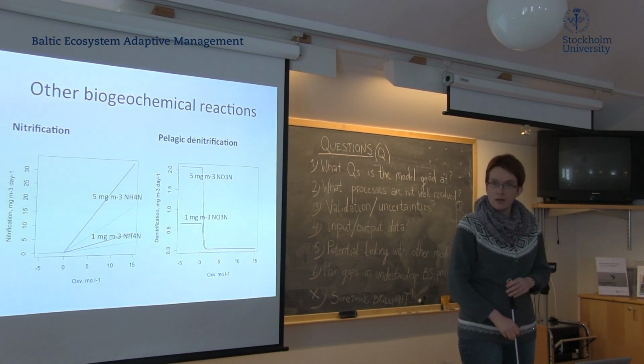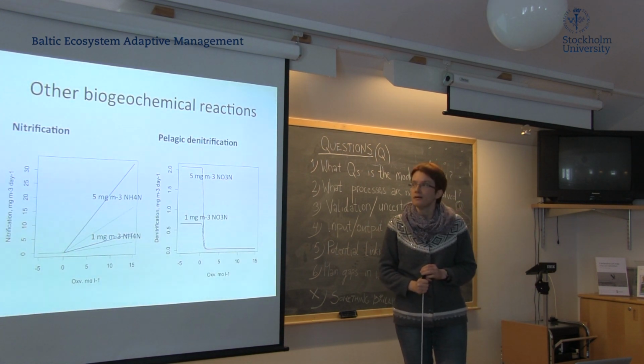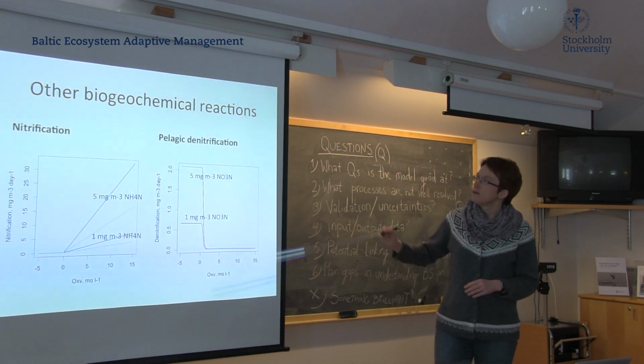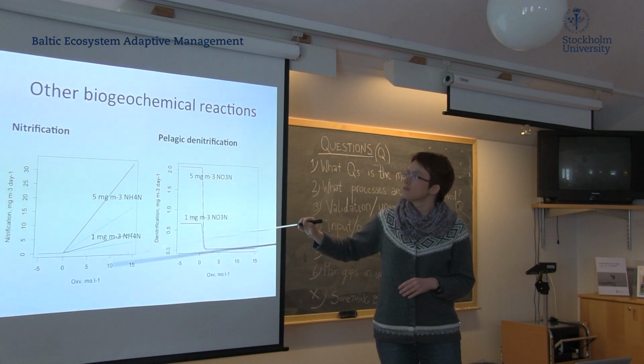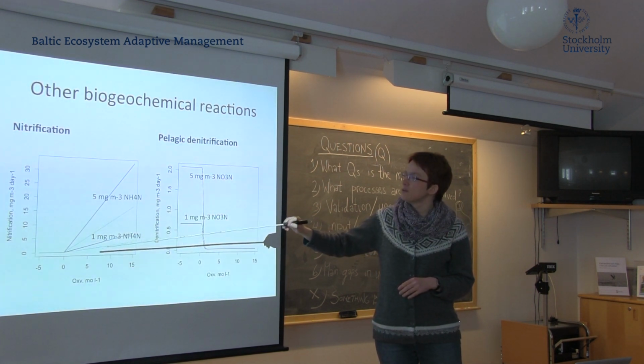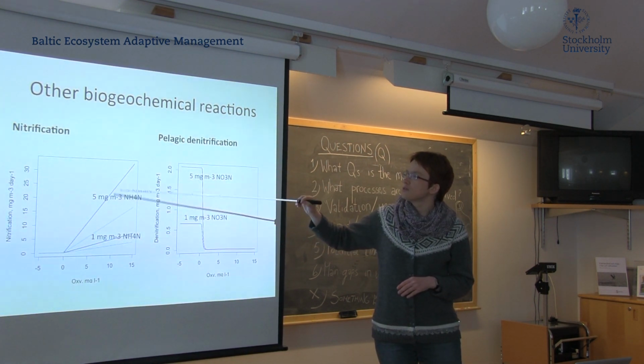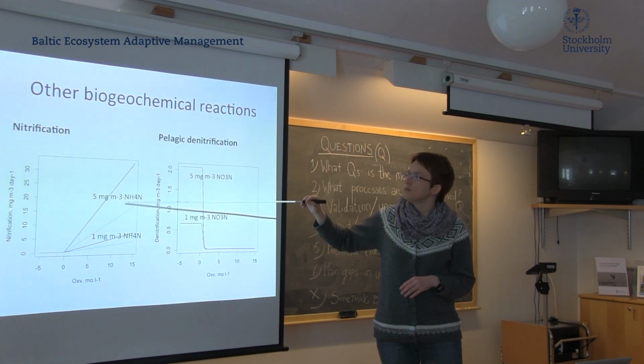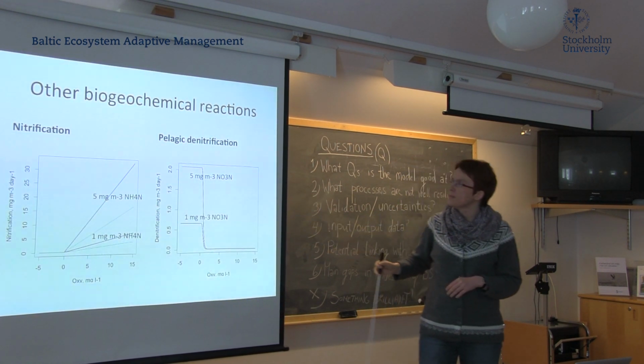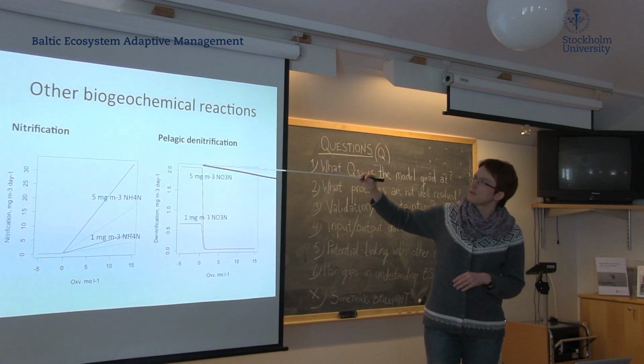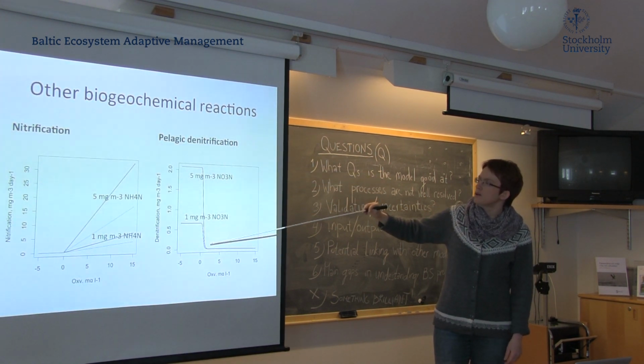So, other biogeochemical stuff. Of course there is one process, nitrification. That's maybe not so interesting. It's just a function of oxygen and of the concentration of ammonium. And the other process is pelagic denitrification.